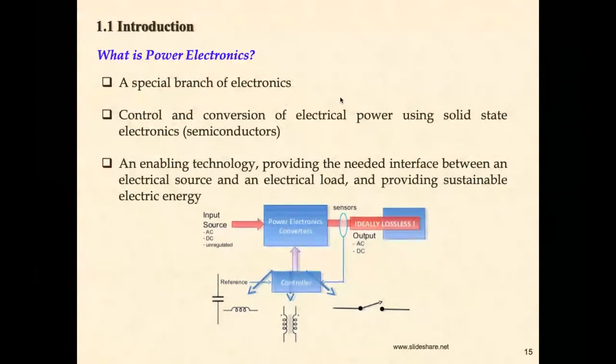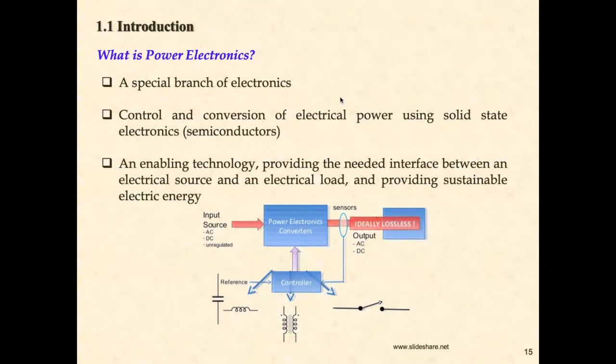Okay, so it is a special branch of electronics. So why is that special? Why is there a term power? It is because mostly we use it for power distribution and transmission. So the power level should be much higher than what we use in our mobile phones.